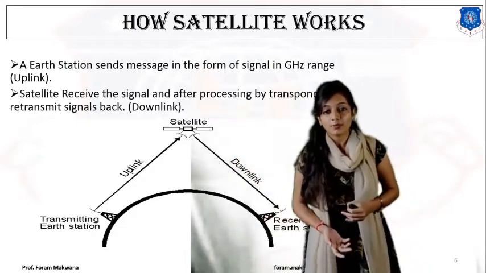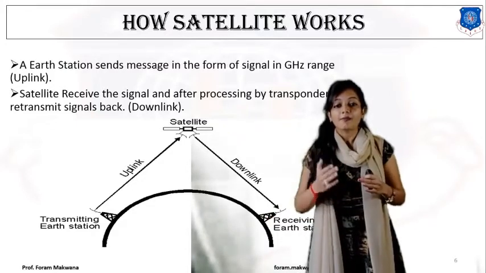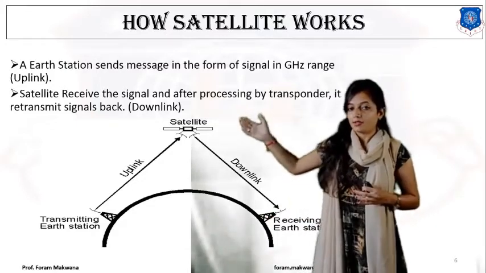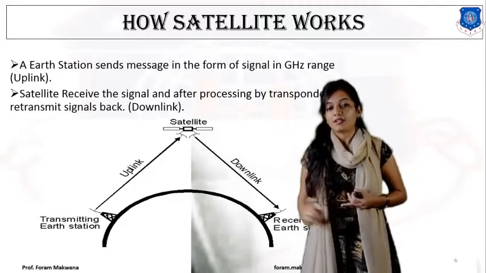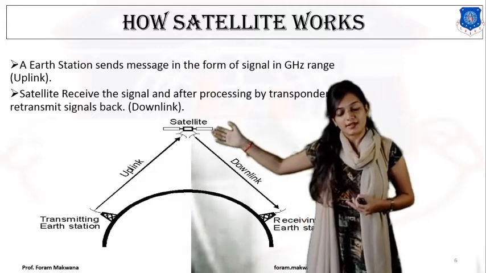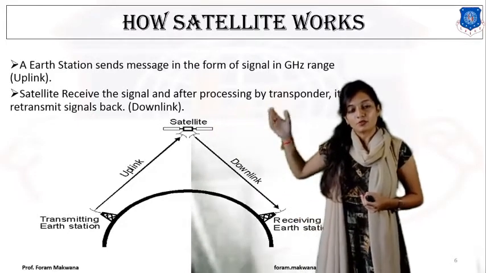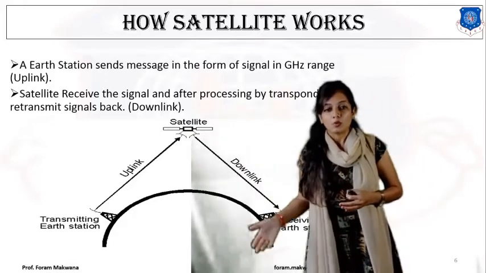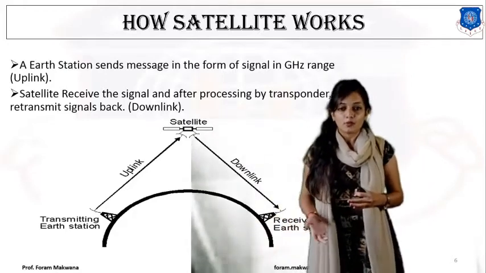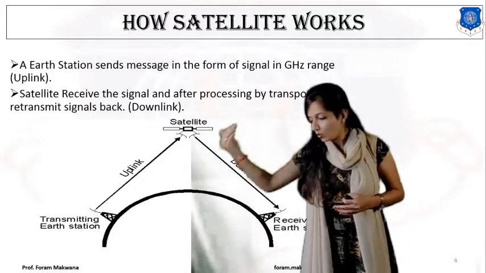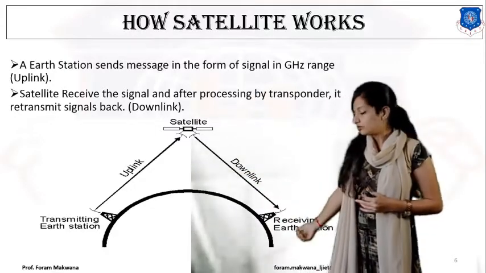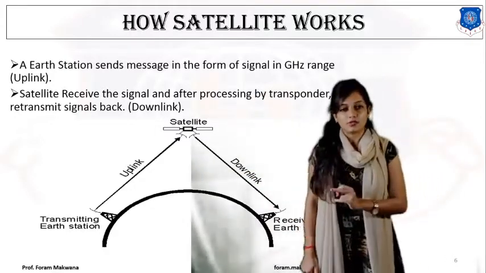Because we are not able to generate that high power at the satellite, because that high gain amplifier is not mounted in the satellite. So we need to down convert, we need to decrease the frequency which is going to be transmitted back to the receiving Earth station.